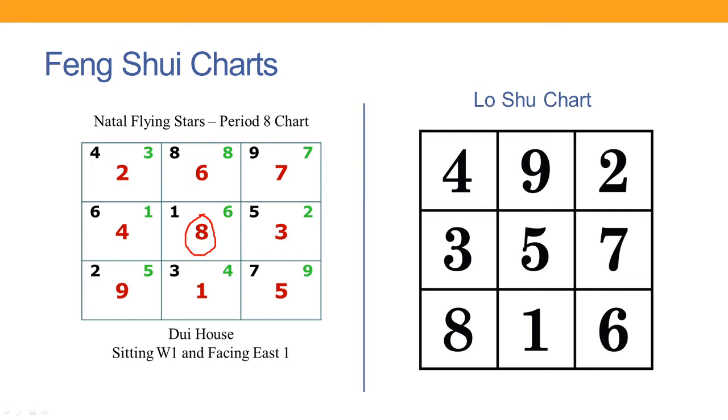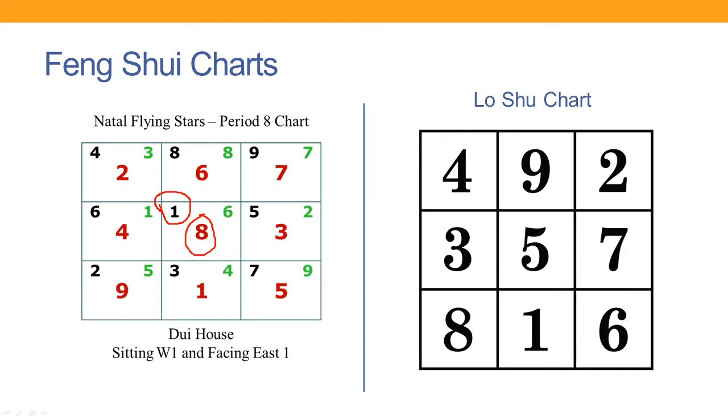Or the time star. And this on the left side, the number 1, is referred to as the mountain star, or sometimes they call it the facing star.